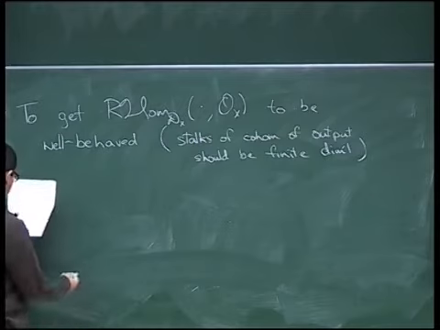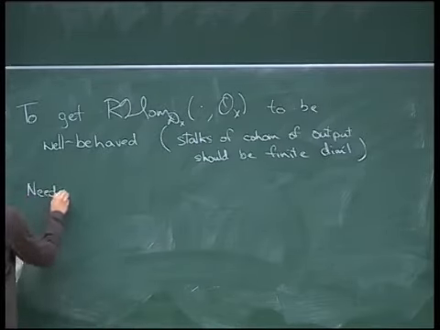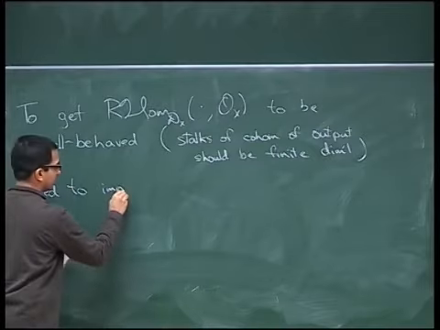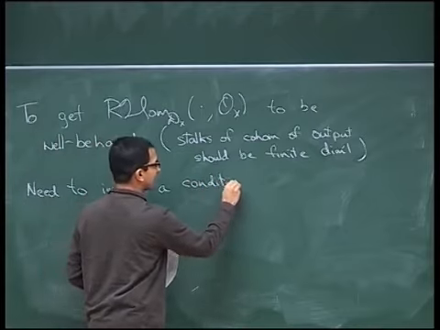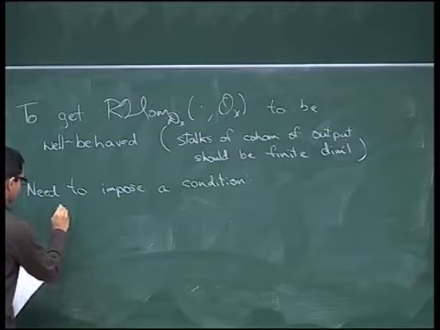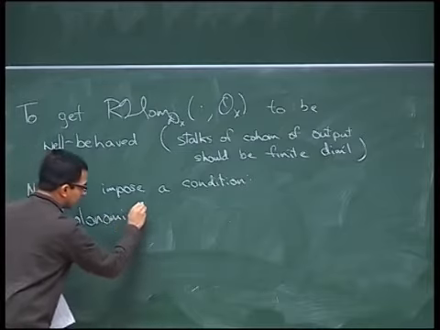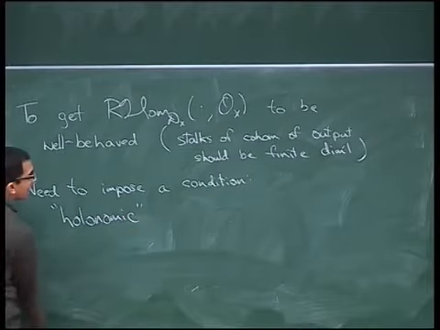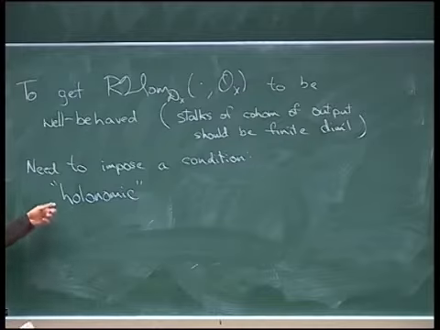Okay. So we need to impose a condition. And this condition is called holonomic. I'm not going to write down precise definitions for most of these things because I want to get to an application of D modules in representation theory by the end of today.